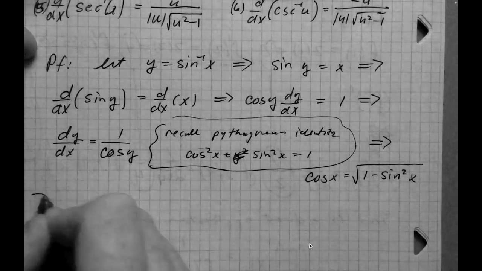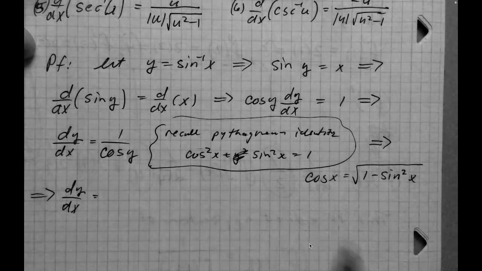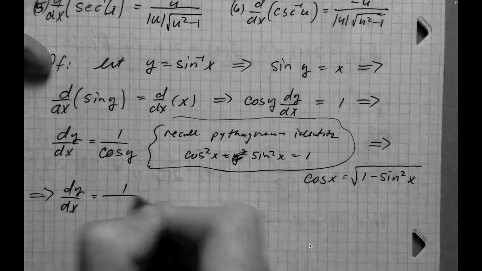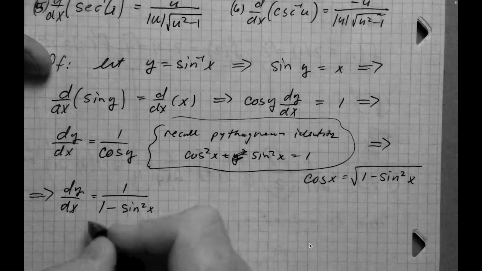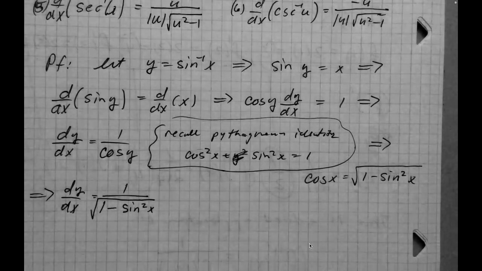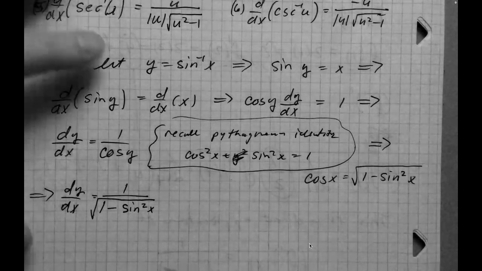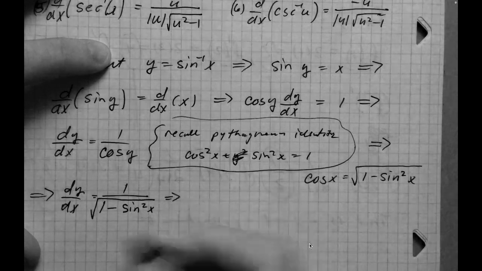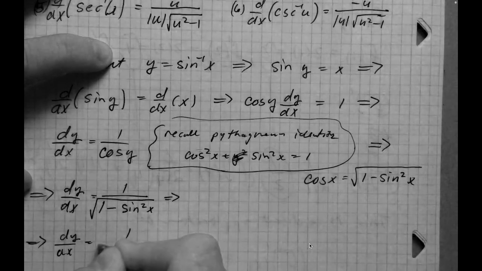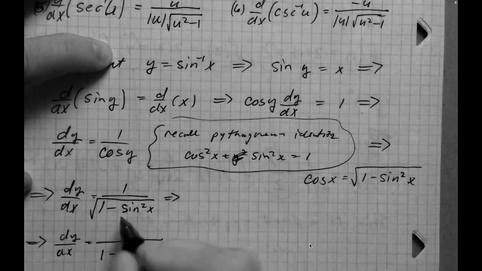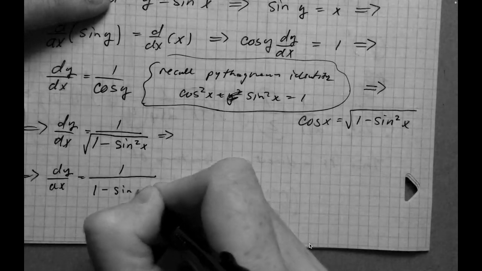So dy dx equals 1 over cos y, which is the same as 1 over the square root of 1 minus sine squared, just plugging that value in. And I think it's instructive, let me go to a new line here. dy dx equals 1. And it's useful to think of sine squared in this form sometimes.